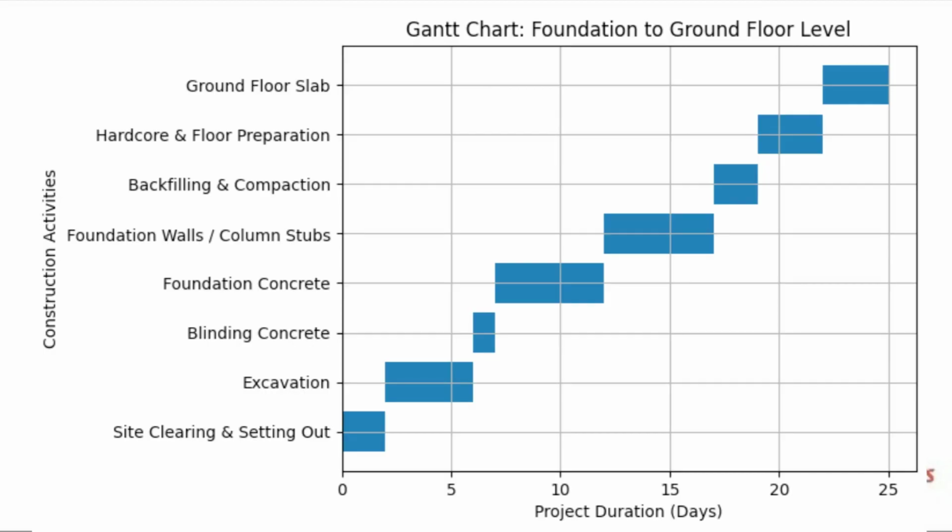So this is the Gantt chart for this project, foundation to ground floor level. All that was in that summary table has been done in this Gantt chart, with all the activities in descending order. So we start from the base: site clearing and setting out, excavation, blinding and concrete, foundation walls and stop columns, backfilling and compaction, hardcore and floor preparation, ground floor slab.